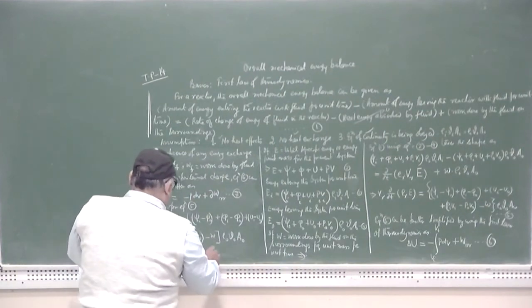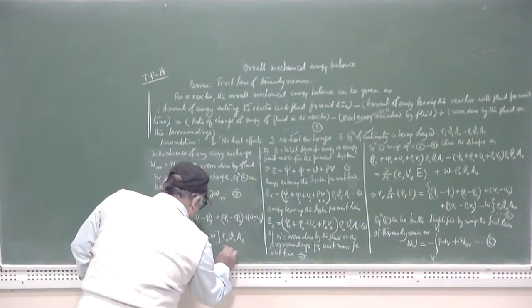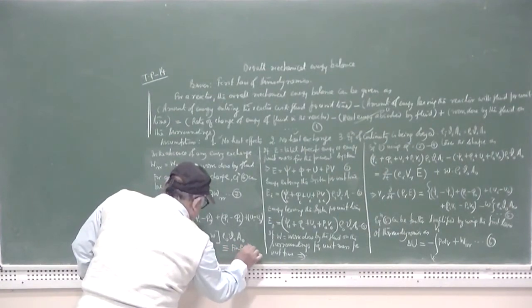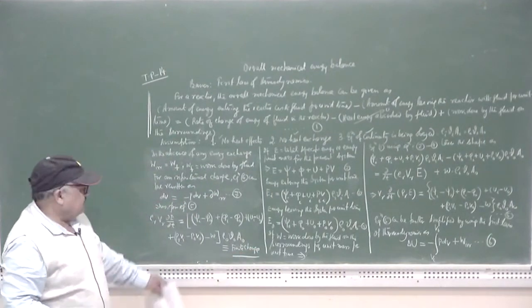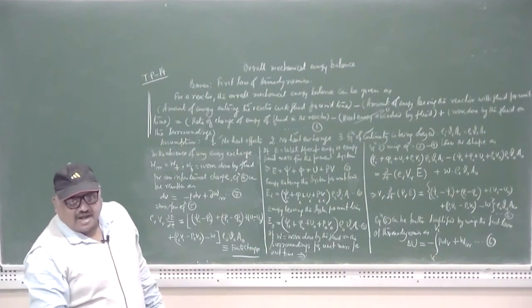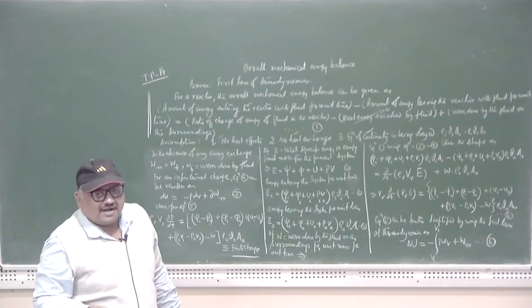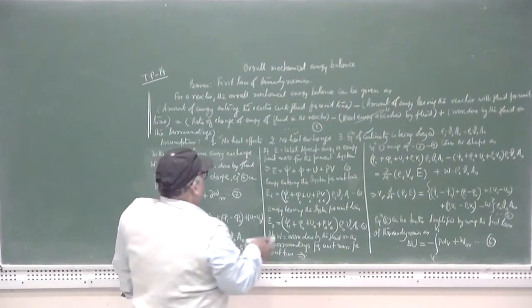This is the transformed equation for finite change. On the contrary, if I have to represent the same expression for an infinitesimal change, then it takes the shape.